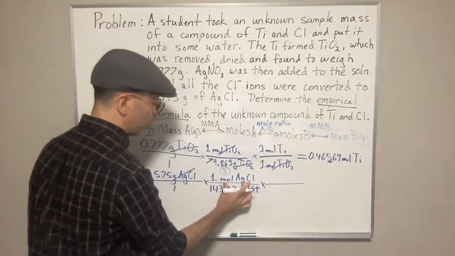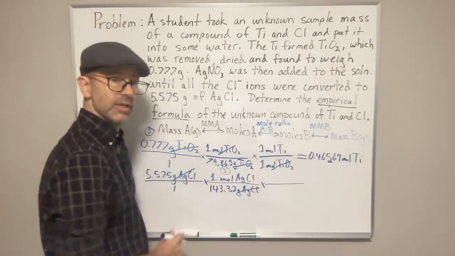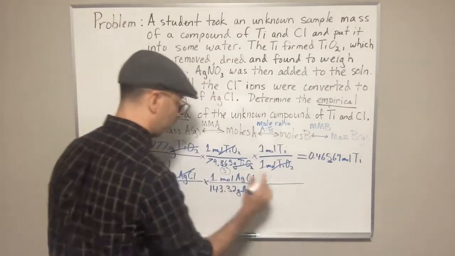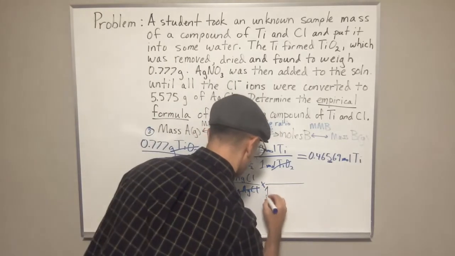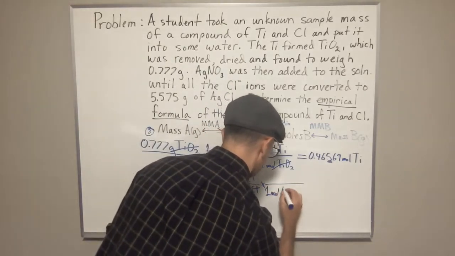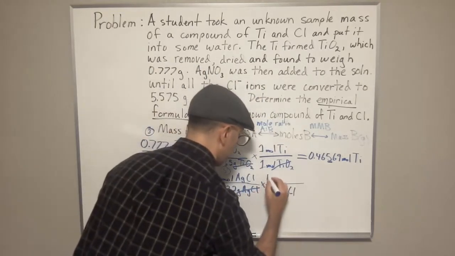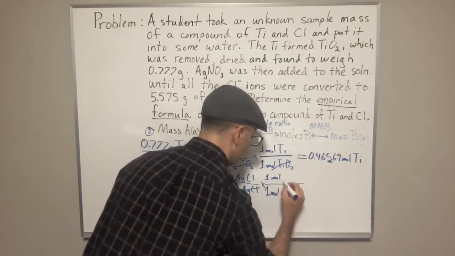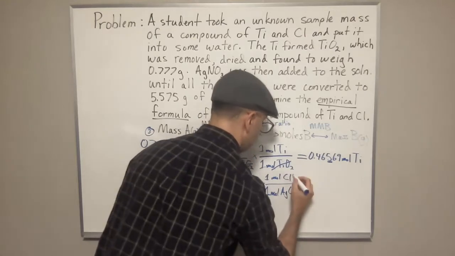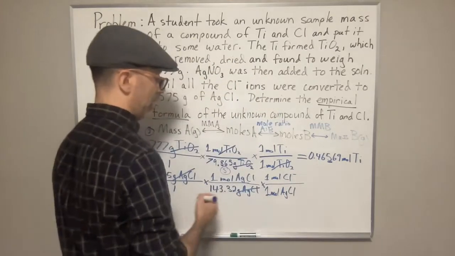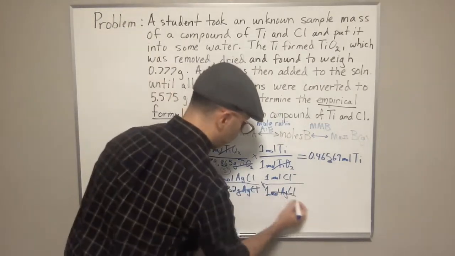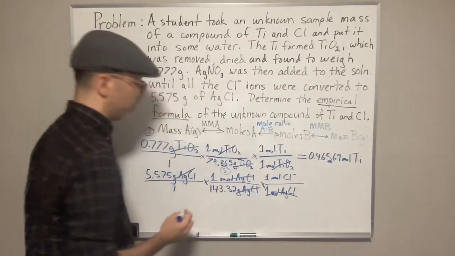So since I have moles of AgCl on the top, I'm going to put that on the bottom. So 1 mole of AgCl on the bottom and 1 mole of Cl on the top. So moles of AgCl cancel out.